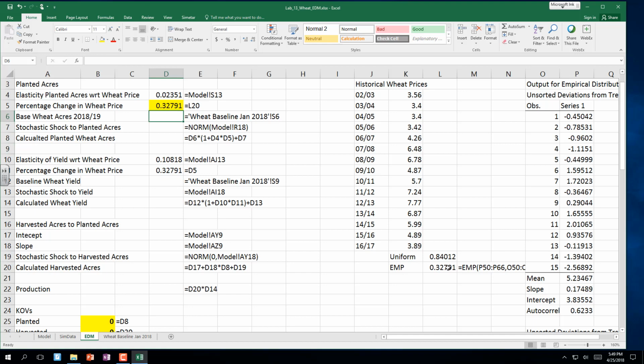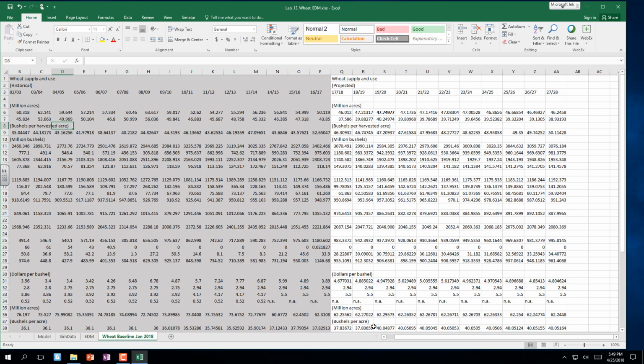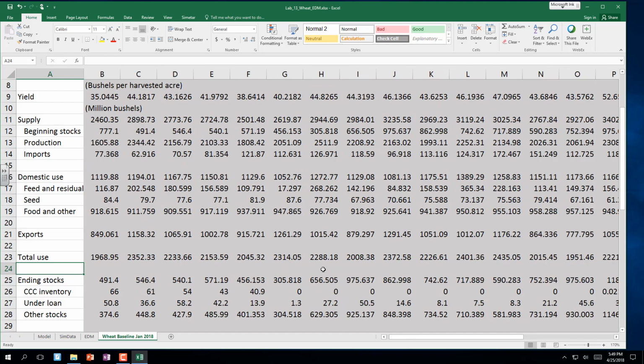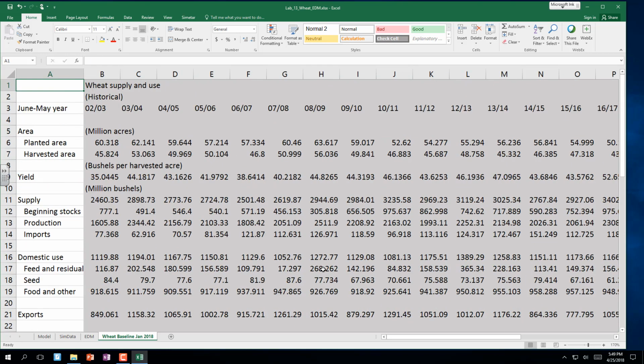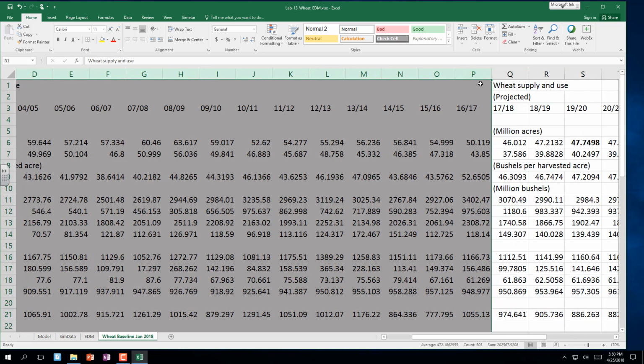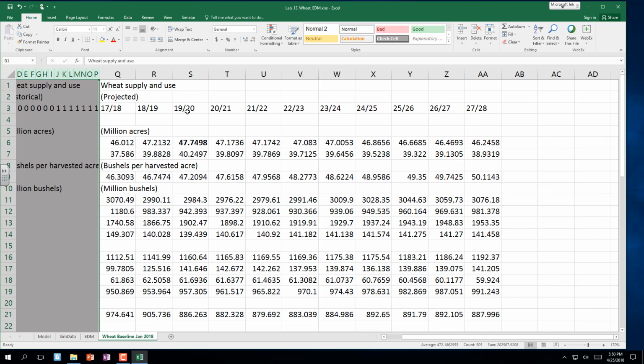My base acres would come from the wheat baseline for 2018, which is over here in wheat baseline. And let's enlarge that, because we put so many numbers on a page you can't figure out where we're at. So we have planted acres here, and we've got a lot of years that we really don't need, so I'm going to compress those columns like that.